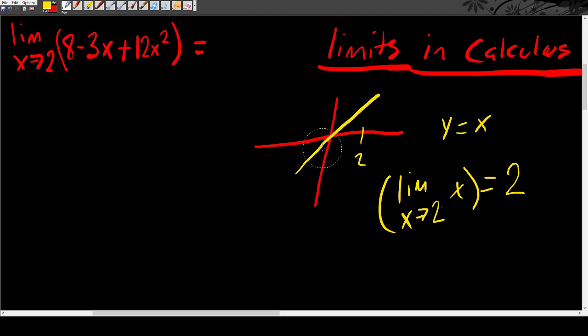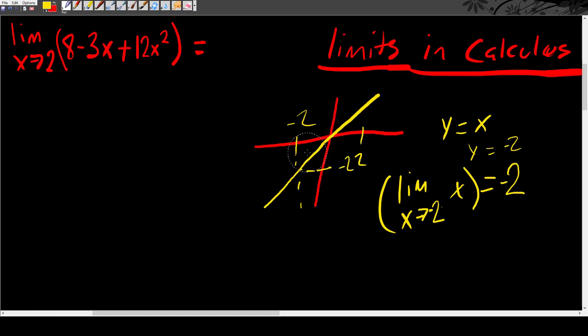If I wanted to do -2, the answer would be -2, because y equals -2. That's what, as you go on either side, as you go towards x equals -2, you will come towards y equals -2.